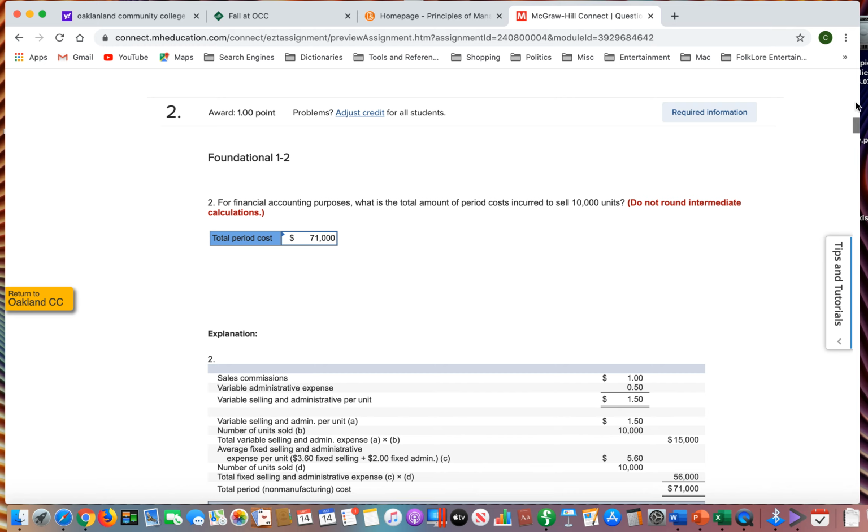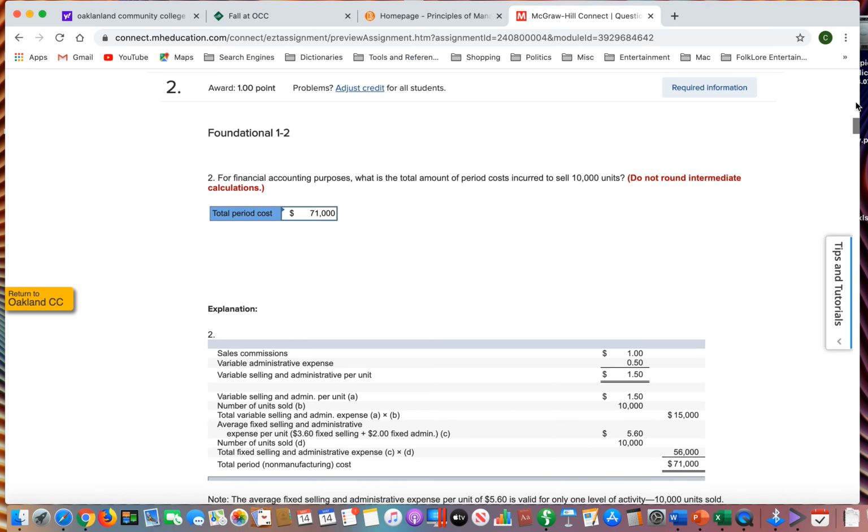Okay? Notice what they say here. The average fixed selling and administrative expense per unit of $5.60, that's again the $3.60 and the $2, is valid for only one level of activity, 10,000 units sold. Again, that's another caveat here, because we're going to have problems later on where you'll be selling more or less than 10,000 units. So this $5.60 only applies at 10,000 units produced and sold.